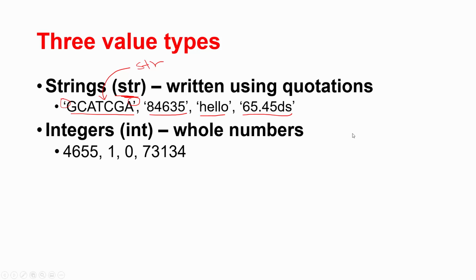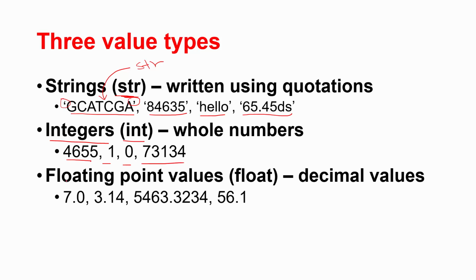The next type that we encounter pretty often are integers, and you'll see them commonly abbreviated as int, and these are basically whole numbers. For example, 4655, 10, 73,134, etc. And lastly, the type we have are called floating point values, or just floats.